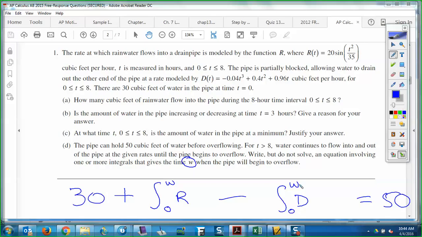Yeah, that should have been a W. And to be honest, it should have been D of T dt. And could you have made that just one integral and done R minus D? Yeah, you could just have one integral of R minus D instead of 2 separate ones. Okay, that's why they said here one more. Okay, good question. Good question.